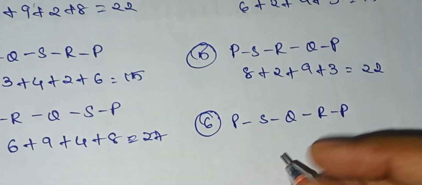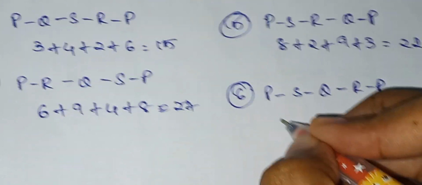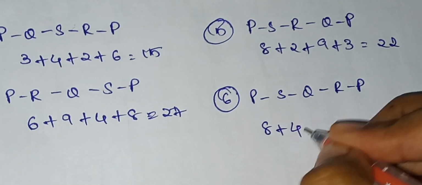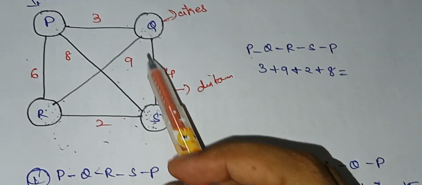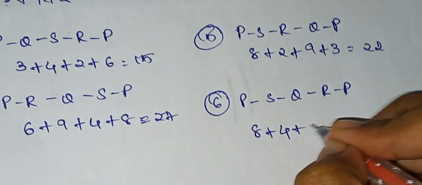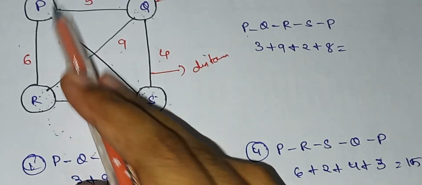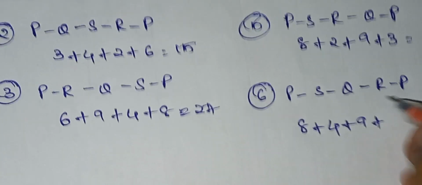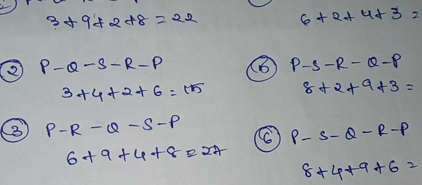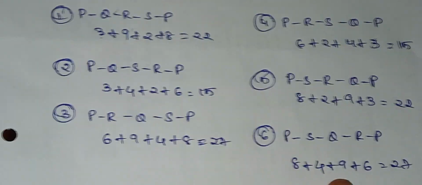P2S is 8 plus S2Q, which is 4, plus Q2R, which is 9, plus R2P, which is 6, which is equal to 27. So these are the 6 permutations we got.